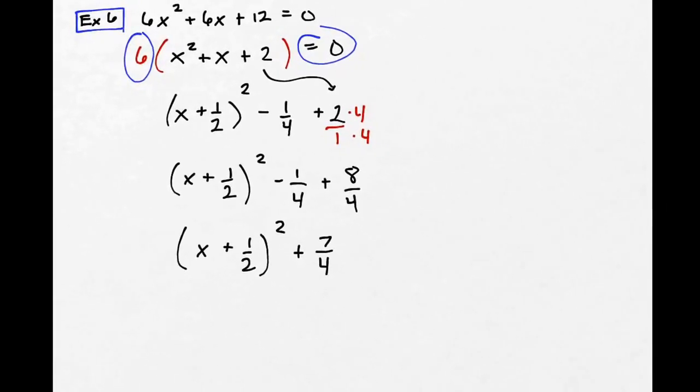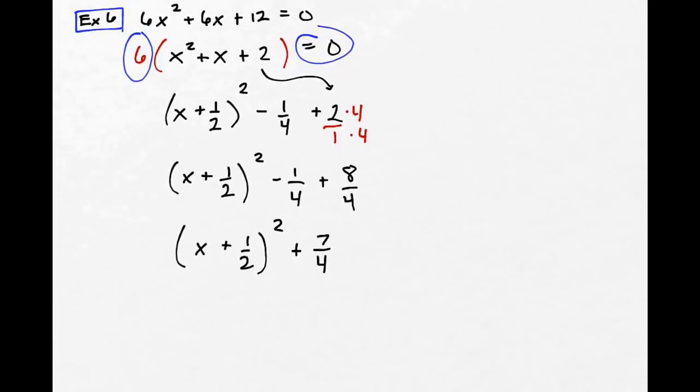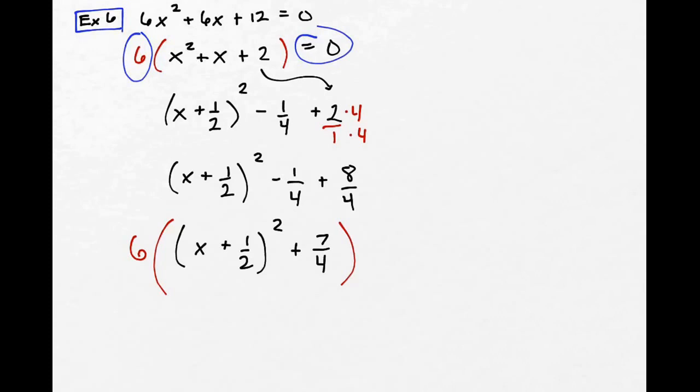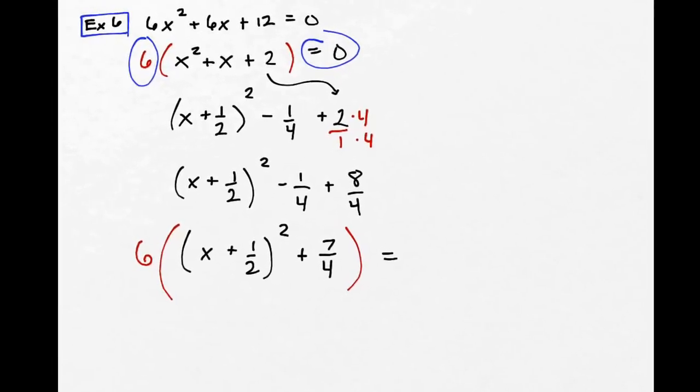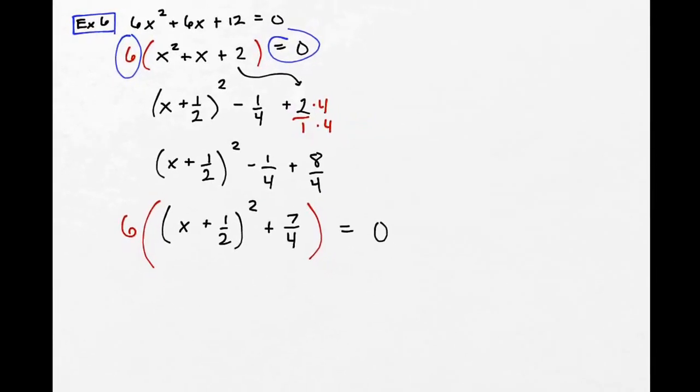Yeah. And then I suppose I could put everything back. So now I'm going back and I'm putting in the 6 and the equals 0. Actually, you know what I want to do?